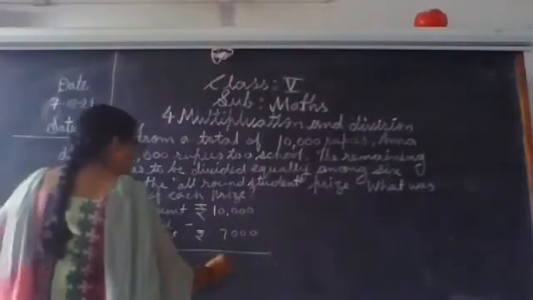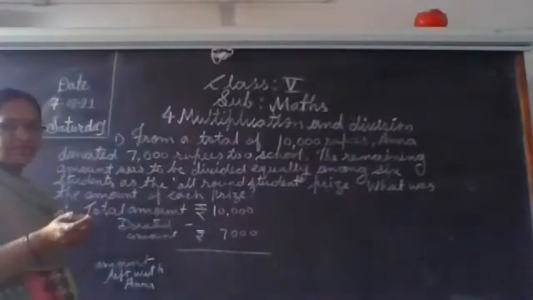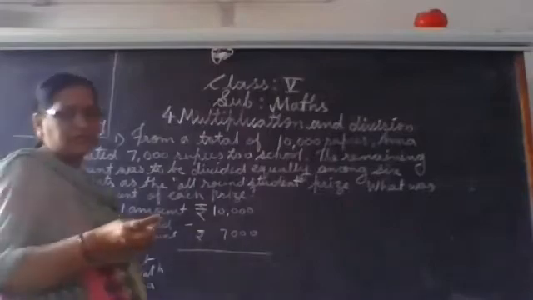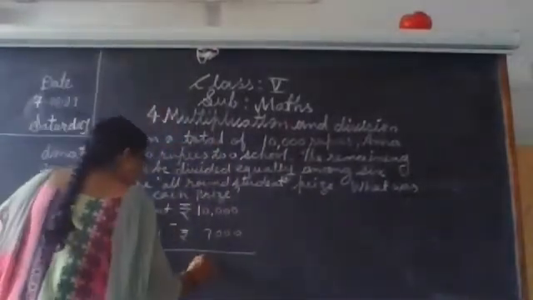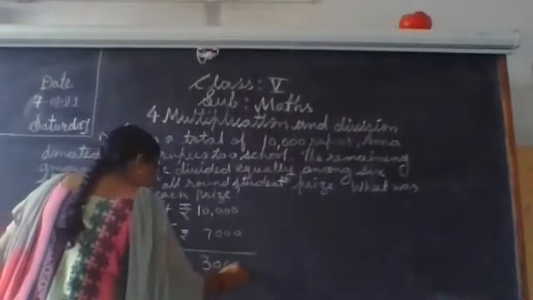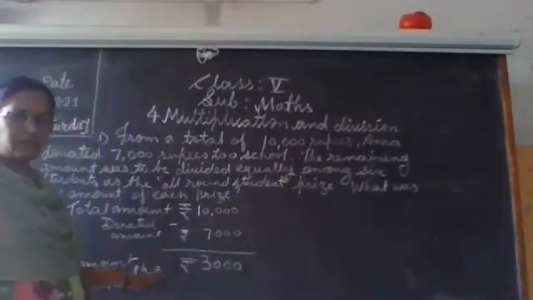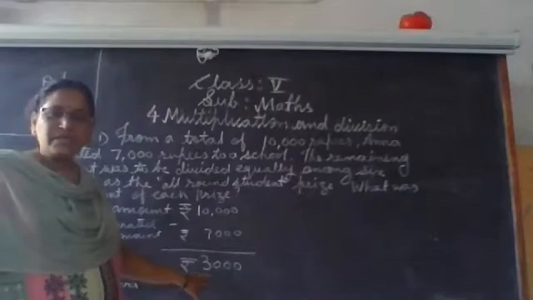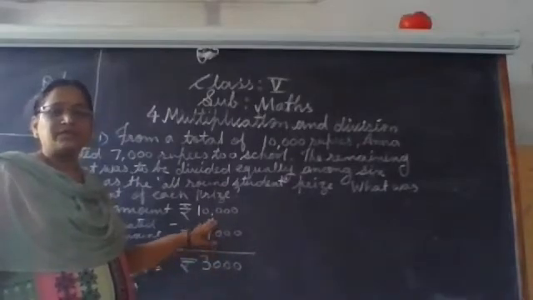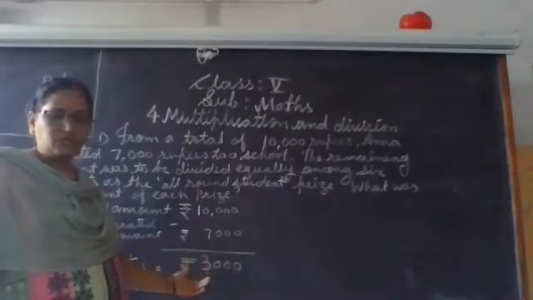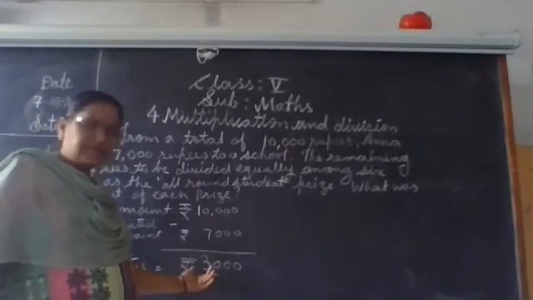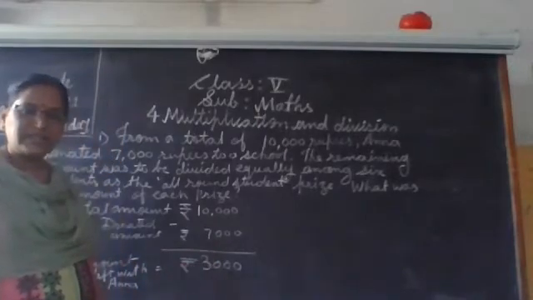So the answer is 10,000 minus 7,000 is 3,000. It was the amount left over with Anna. Now this amount is equally distributed among the 6 students. So what to do? We will divide this amount by 6.